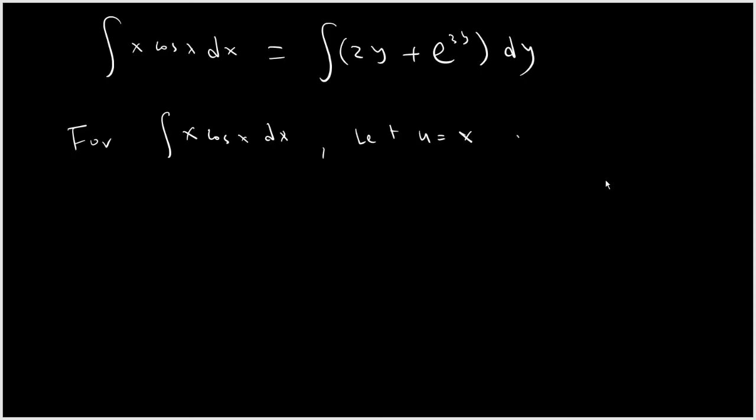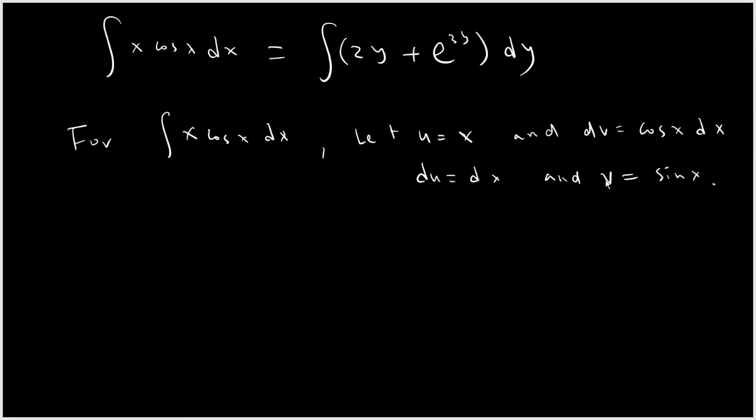You let u be x and dv be cos of x dx. Then you compute du is dx, and for v you get a particular antiderivative of cos of x, which is sine of x.